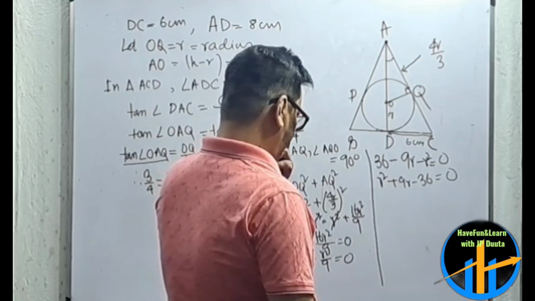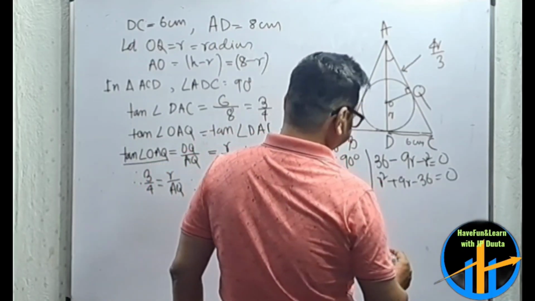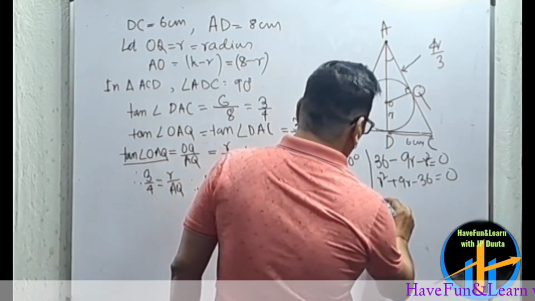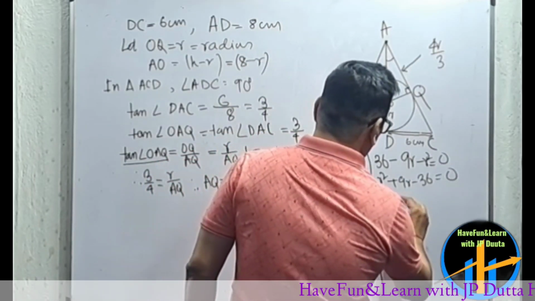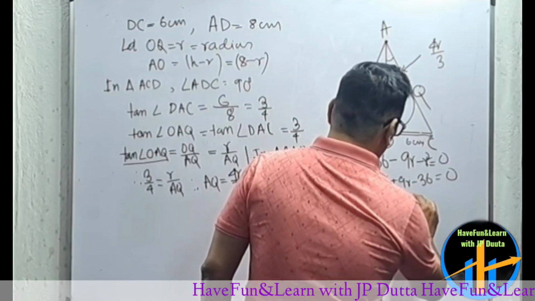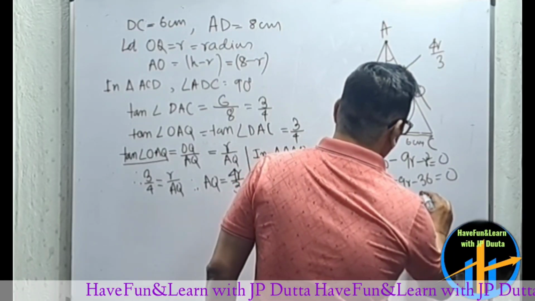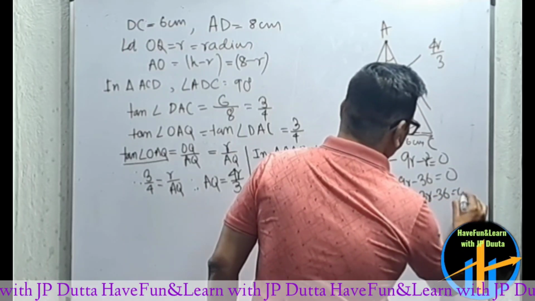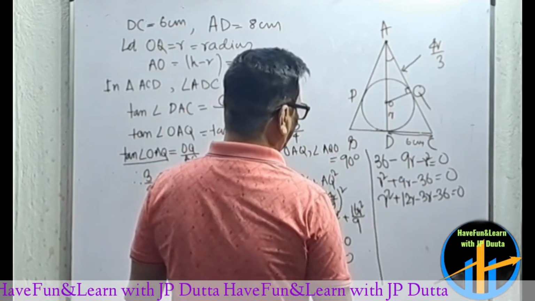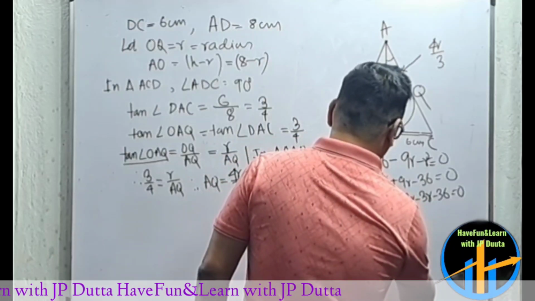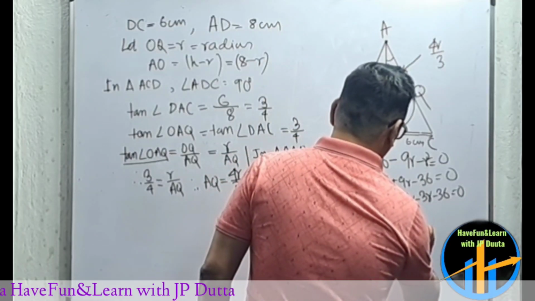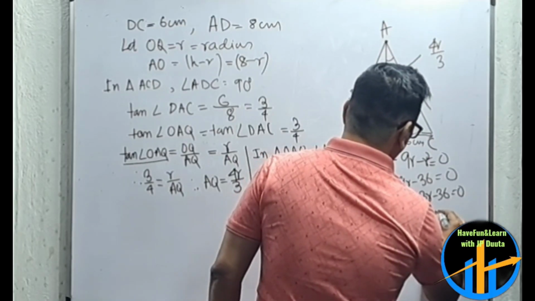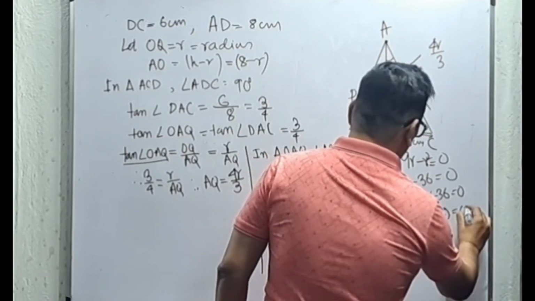Right? We can factorize it. So R square plus 12R minus 3R minus 36 is equal to 0. Correct? So we get R plus 12 minus 3 into R plus 12 is equal to 0.